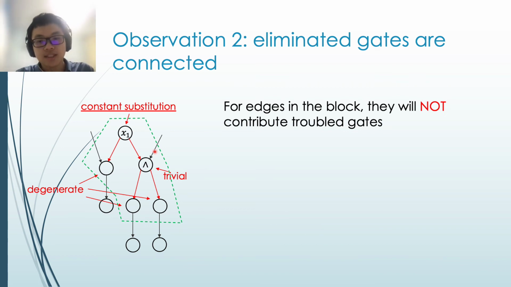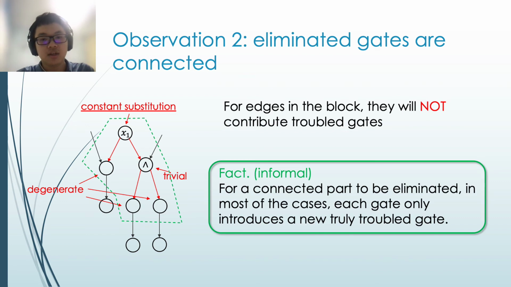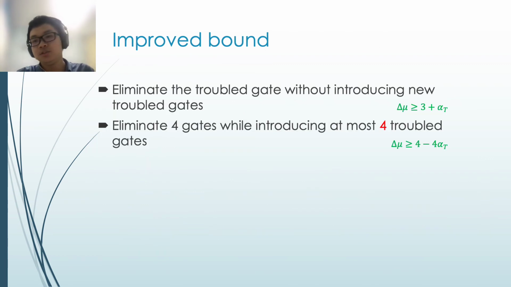So, for gates in such a connected part, the elimination of each gate will only introduce one truly trouble gate, because one of its incoming edges is within this connected block. This is summarized in formula as such a fact. For a connected part to be eliminated, in most of the cases, each gate only introduces one new truly trouble gate. So with these two observations in mind, we now try to improve the previous bound.